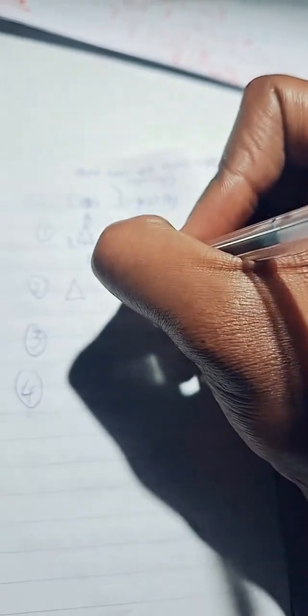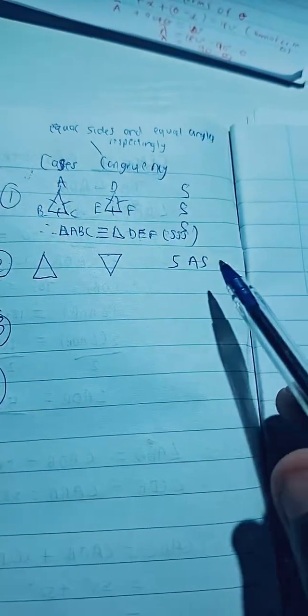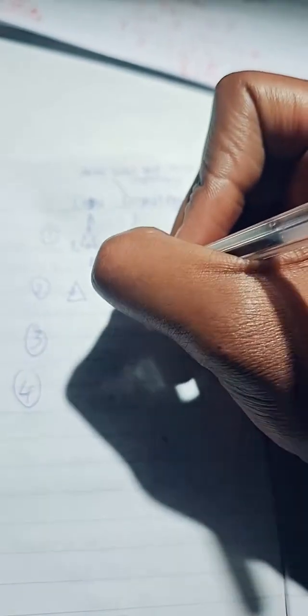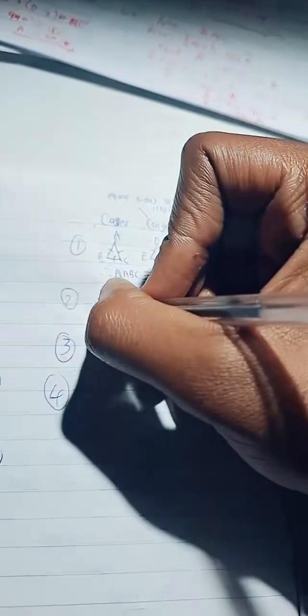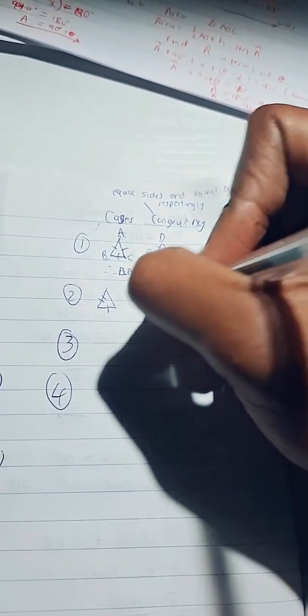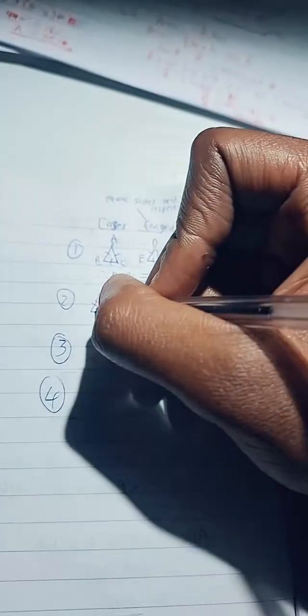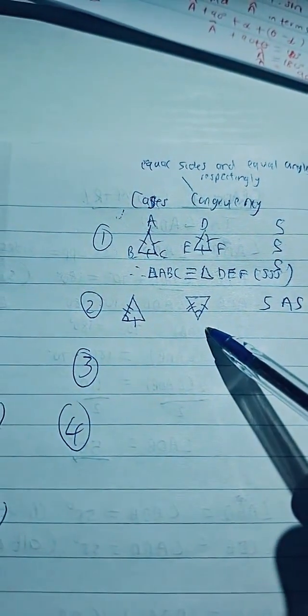The other case of congruency, guys, is what we call side angle side. It means you have proven that one respective side for the two triangles is equal, accompanied by another respective side being equal, and then an angle that is sandwiched in between those two sides is also equal.